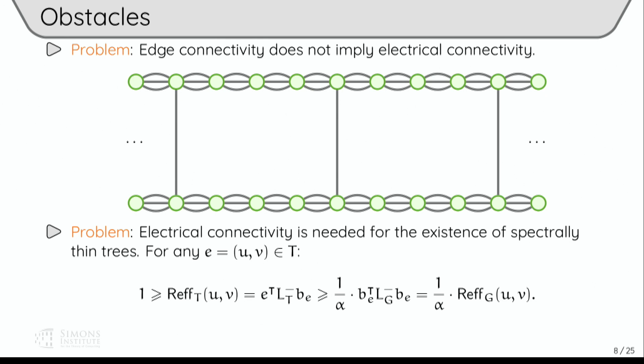Now, I told you that electrical connectivity is actually a necessary condition for the spectral version. So let me just quickly tell you why. The effective resistance, you can write down in terms of the Laplacian of the graph.